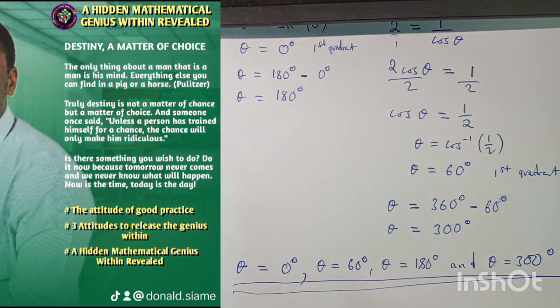So those are the 4 solutions: theta is equal to 0 degrees, 60 degrees, 180 degrees, and 300 degrees. Okay, simple mathematics. Thank you so much for your time.